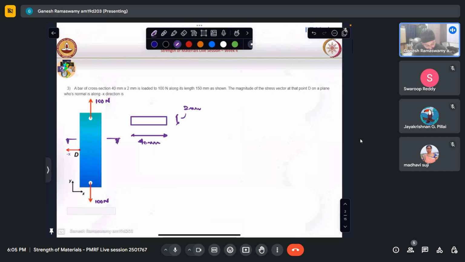So the magnitude of the stress vector at point D on a plane whose normal is along the negative x direction is what is asked.